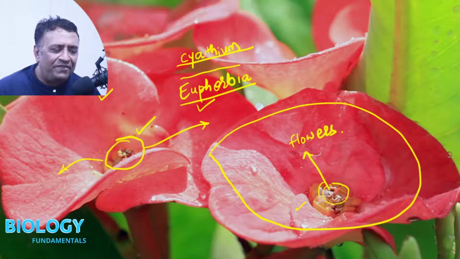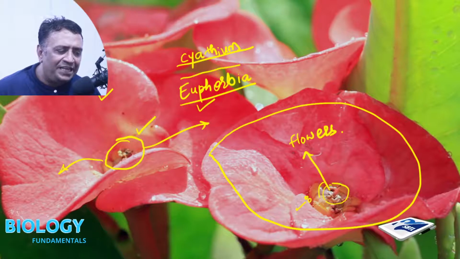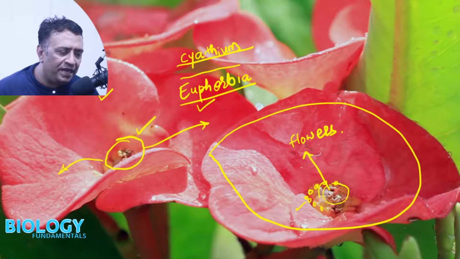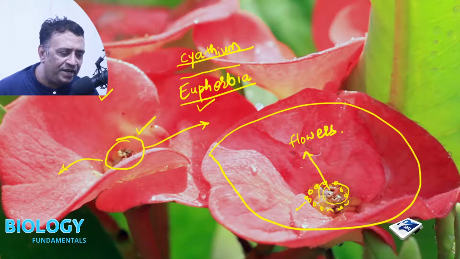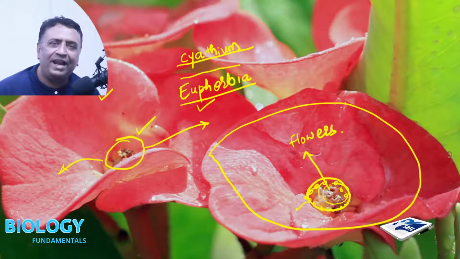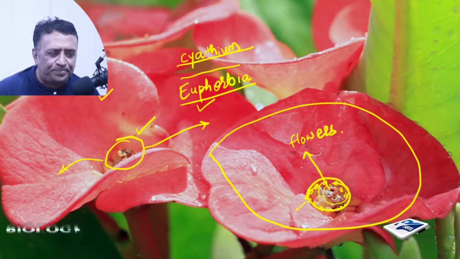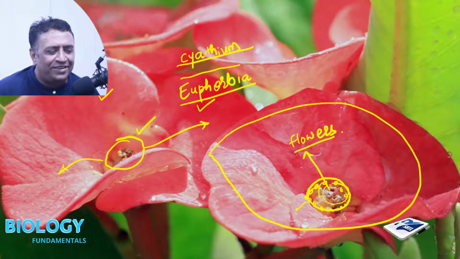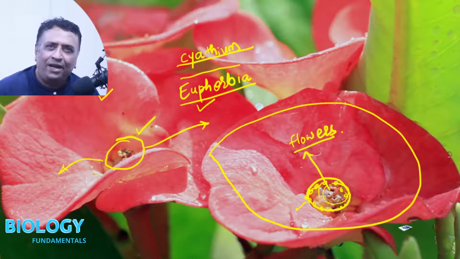These bracts have nectaries at the base, at the rim of this entire structure here. And these nectaries secrete nectar and attract insects. Fine. So this is also a type of bract that is found in Euphorbia.